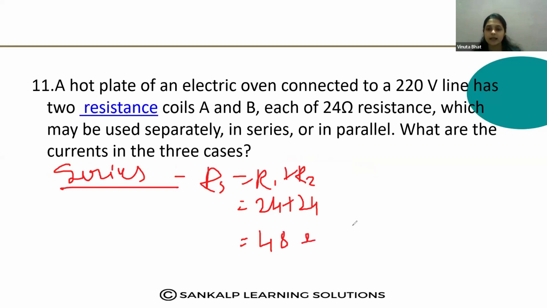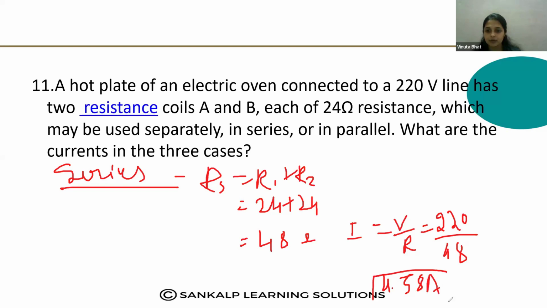What is the current? I is equal to V by R, that is equal to 220 volt divided by 48, that is equal to 4.58 ampere. Okay, so that is the first case when they are connected in series.